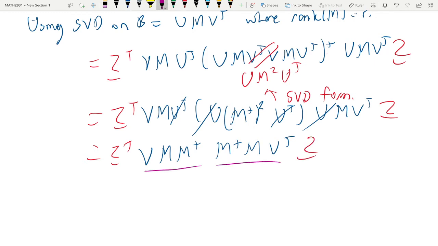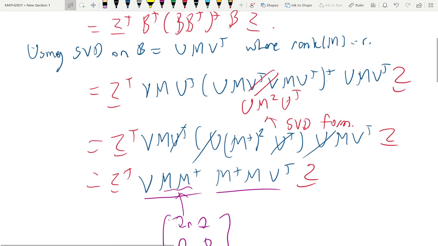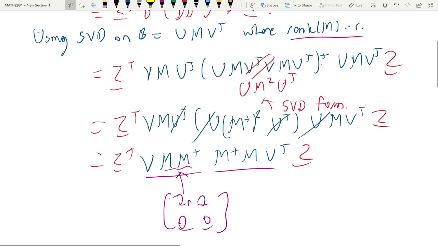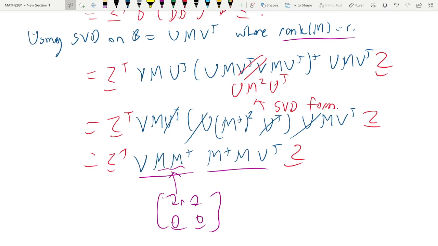Right, so you have these two parts. You need to figure them out. Now, since M, M transpose, and the pseudo inverse of M are all diagonal matrices, these two things over here just build up to I_R, 0, 0, 0, because the rank of M is R. So the first R columns are the only non-zero columns.